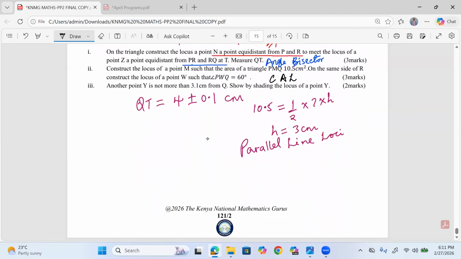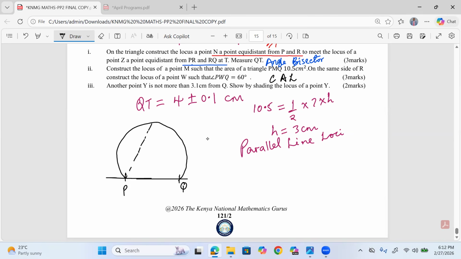What you need to know is that I will do a sketch here so that you may understand. With PQ, on the upper side where there is R, we need to construct a circle such that on this circle, we can produce an angle of 60.